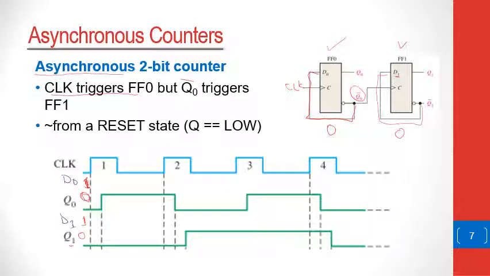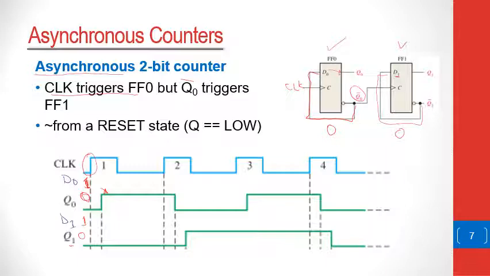Now what will happen is at the positive edge of the clock, whatever is in D0 will go to Q0. So whatever is in D0, that is a 1, will now come to Q0. So Q0 will rise because of that.